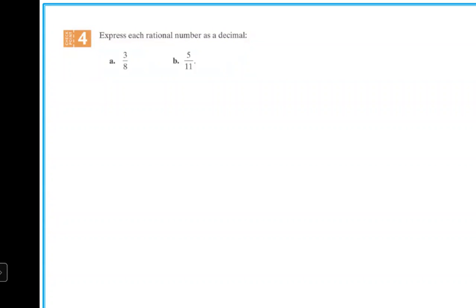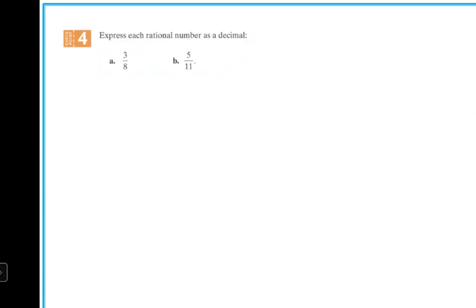Why is it that if the number on top is smaller than the number at the bottom, your answer will always be 0 point some value? What does 0 point indicate about the size of the number? It isn't big enough to go into that number. So the answer is going to be less than what? Less than 1.